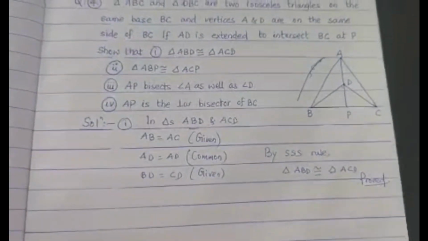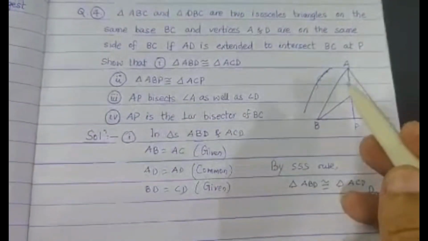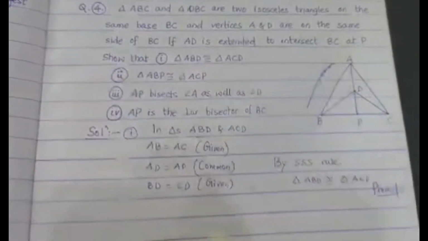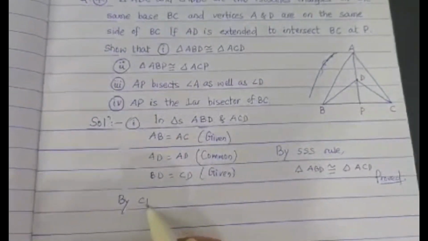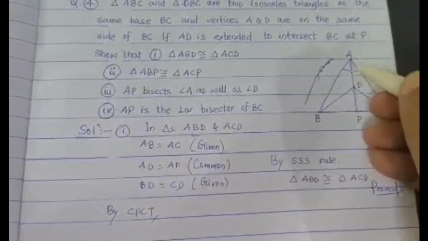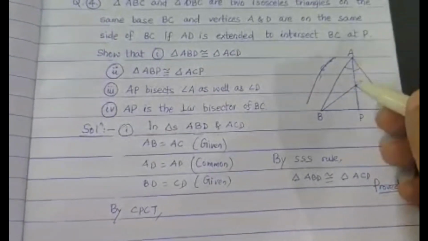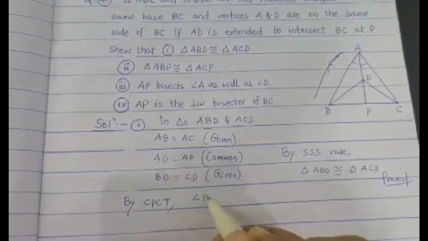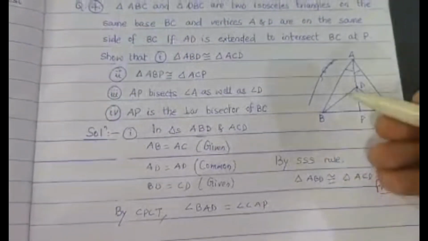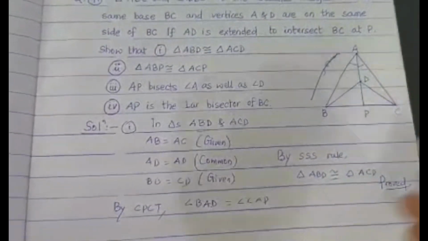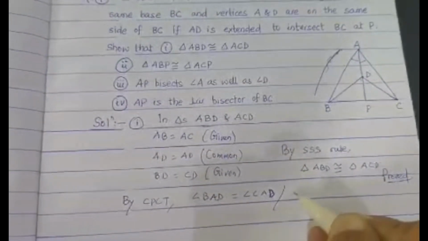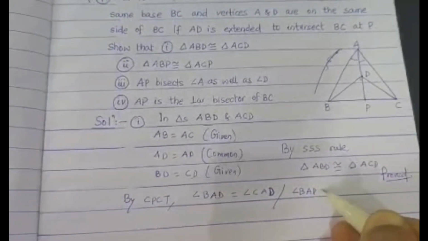Now we have to prove ABP and ACP. No problem. But first of all, by CPCT, we can equalize this angle, because these two triangles are congruent. So angle BAD equal to angle CAD, or if you call it BAP, CAP, you can call it angle BAP equal to angle CAP.